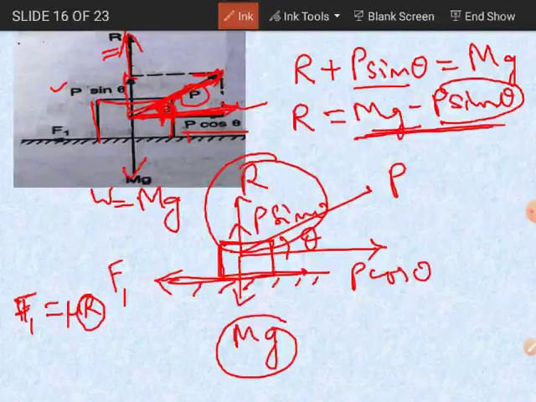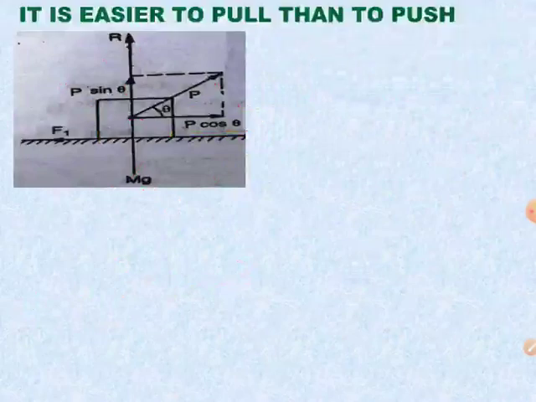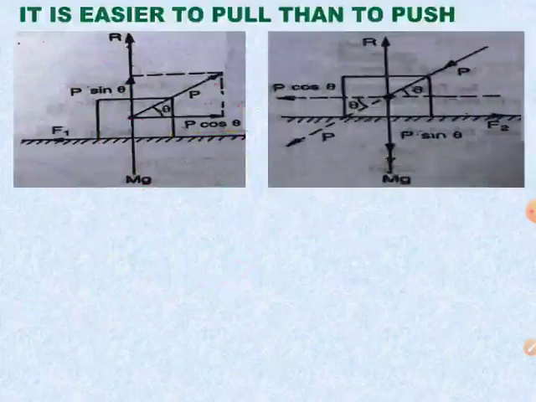Got it? So in the case of pushing, your frictional force is more, and so it will be easier to pull than to push.